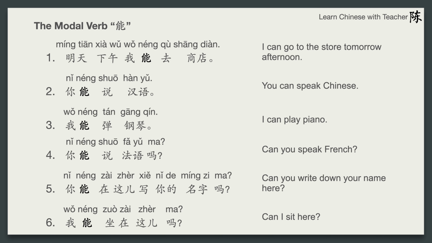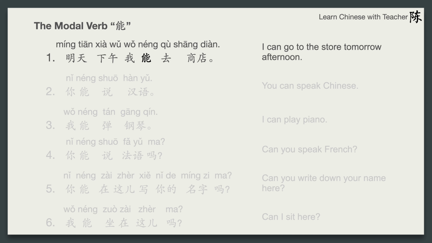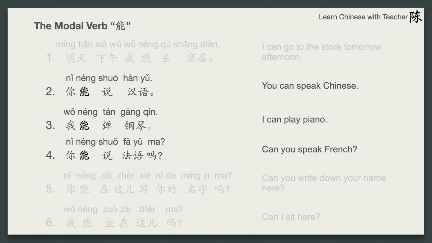Firstly, it can be used to express possibility, like in the first sentence, it expresses the possibility of going to the store tomorrow. Secondly, it can be used to express capability, like in the second, third, and fourth sentences. The second and third sentences express the capability of doing something.